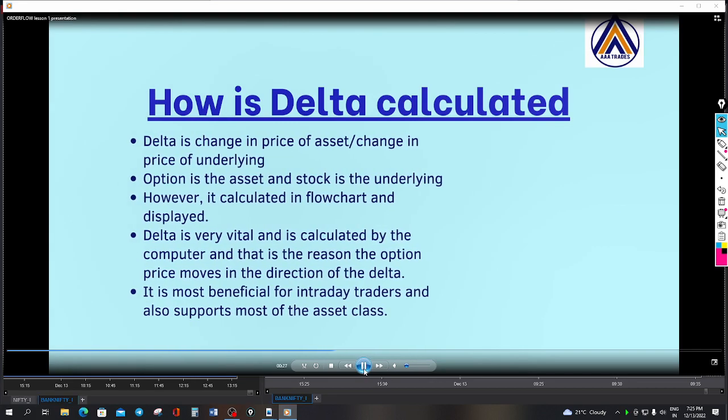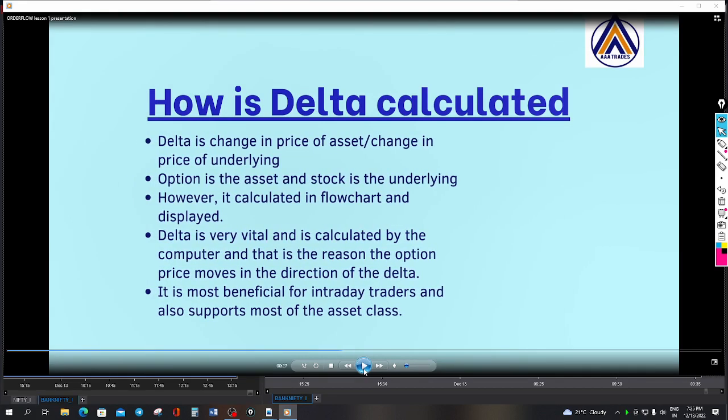How is delta calculated? Delta is the change in price of the asset relative to the change in price of the underlying. Option is the asset, stock is the underlying. When we are trading Bank Nifty options, Bank Nifty spot is the underlying.